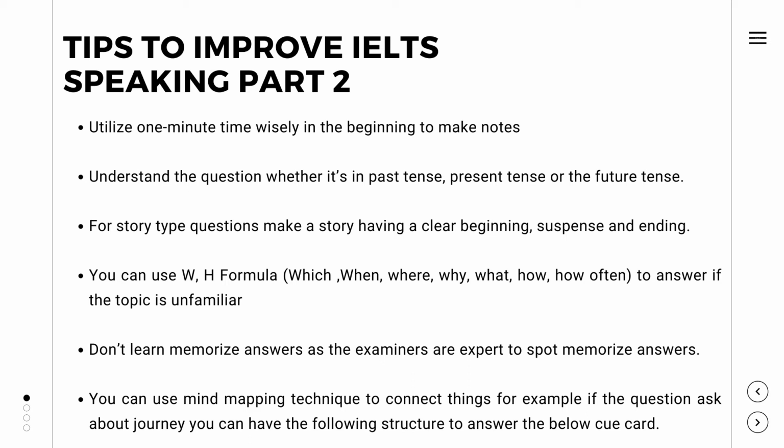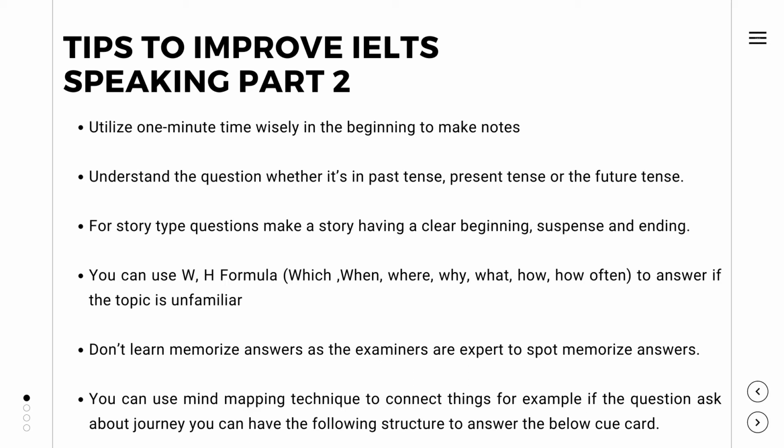Tip number 5 is don't memorize answers, as the examiners are experts at spotting memorized answers. You have to explain the question in a way which is easy for you. For example, if the examiner gives you a cue card regarding a garden, it's better to explain a garden which you are familiar with and which you visit on a daily basis.